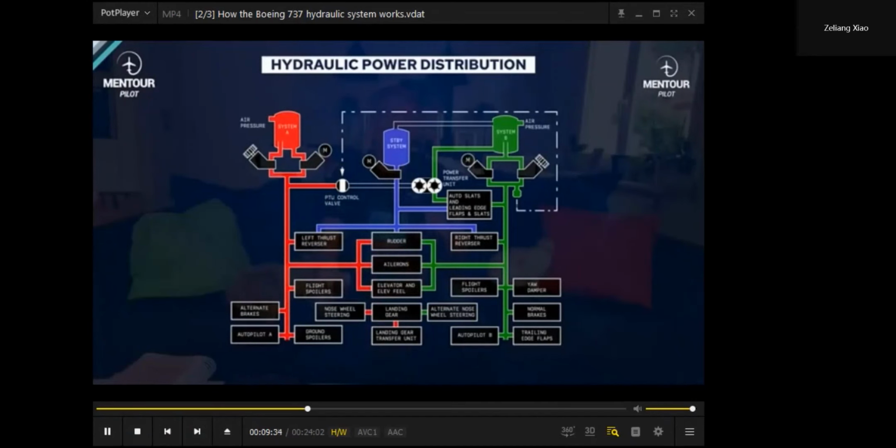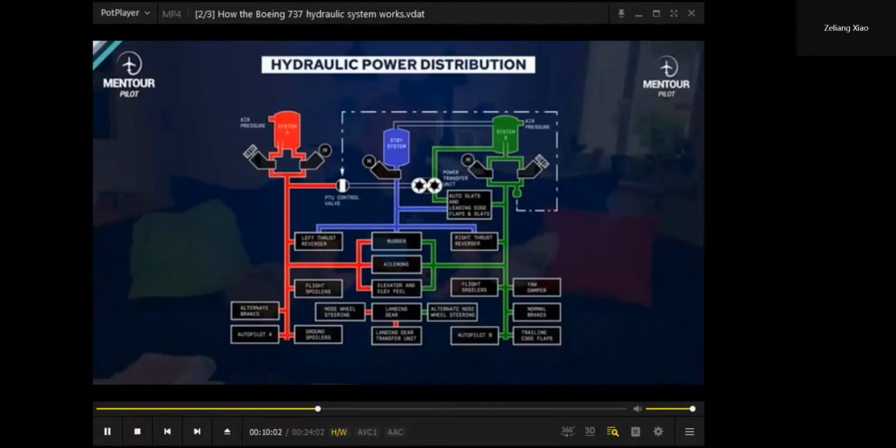The power transfer unit is really only there to provide extra volume to drive the leading edge devices and the standby leading edge devices in case they're needed, for example, for auto slat extension in a low speed scenario. So it's a kind of backup to make sure that the amount of fluid in the hydraulic B system is available, even if you would have, for example, an engine failure of engine number 2.